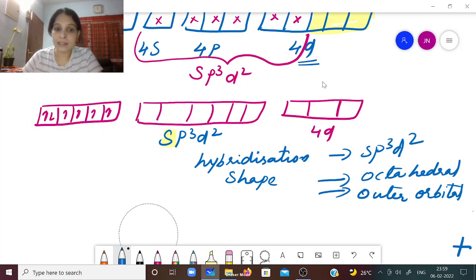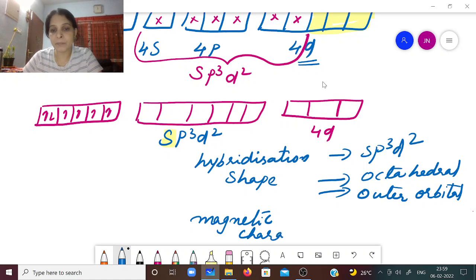Now you can guess how we see it. We will see whether unpaired electrons are present or not. You can see that there are enough unpaired electrons, 4 unpaired electrons. So of course this is paramagnetic.